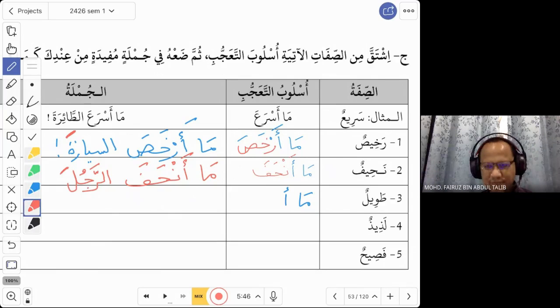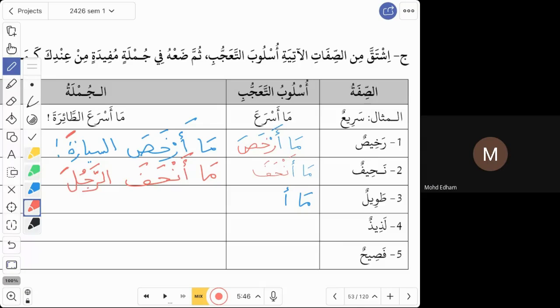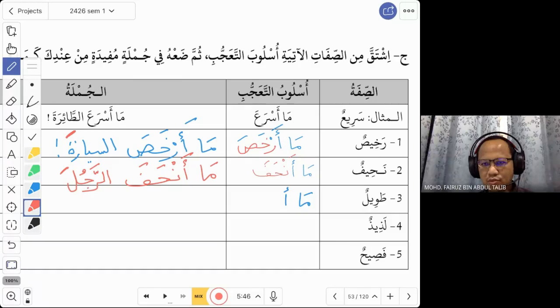Atwala. Ma atwala, ta waw lam. Yes, correct. Ta waw lam is the root word. So we say ma atwala. MashaAllah, ma atwala. Okay, so what is the object?